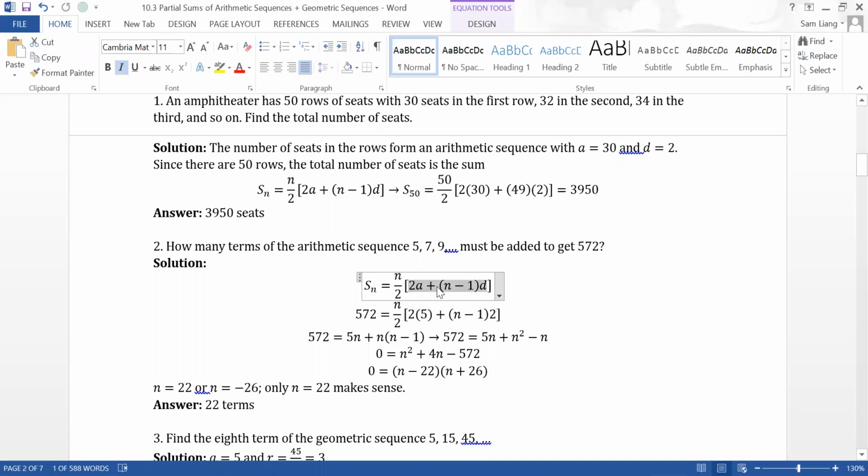It's just a plus n minus 1 d, which is 2a plus this. So you actually end up with the same thing. But for that formula, I would just use it if you have the last term already, so you don't have to substitute that in and then get this formula.